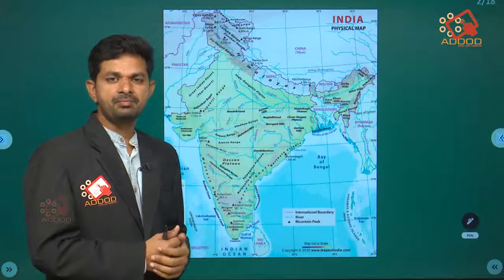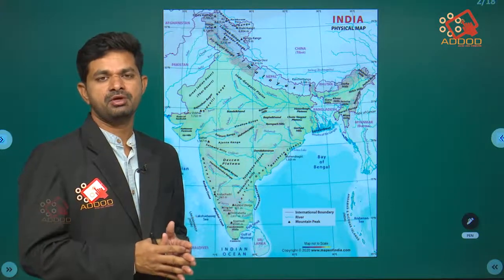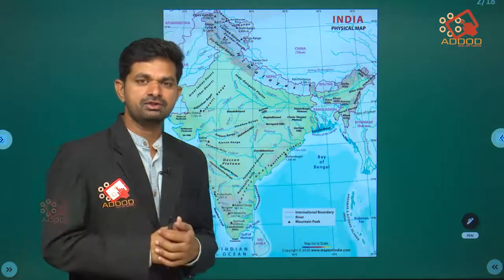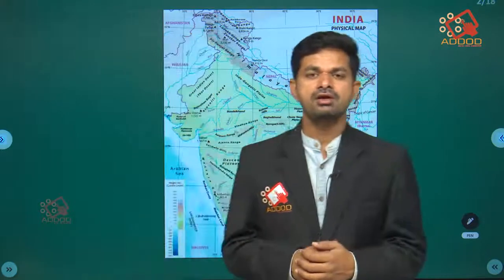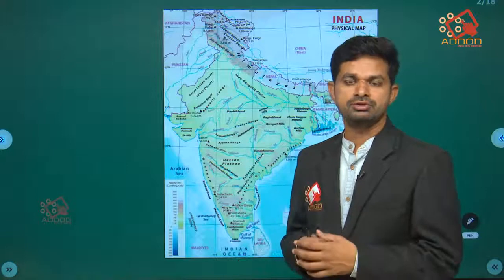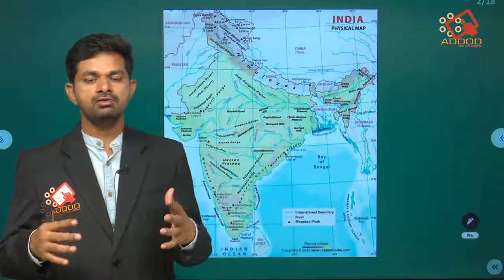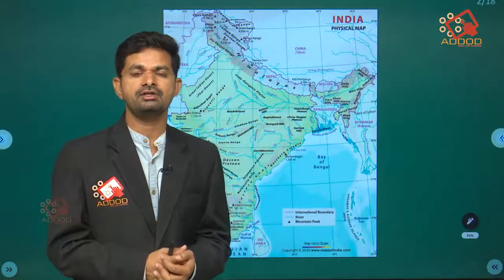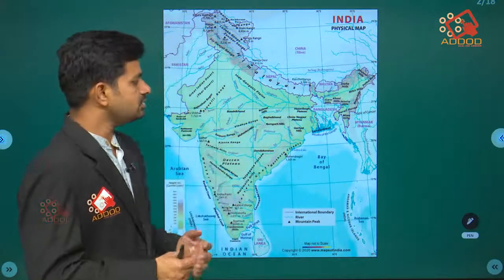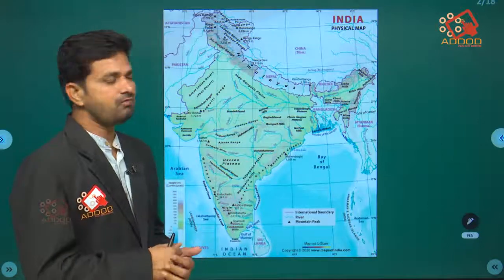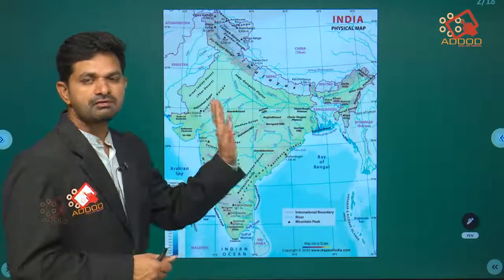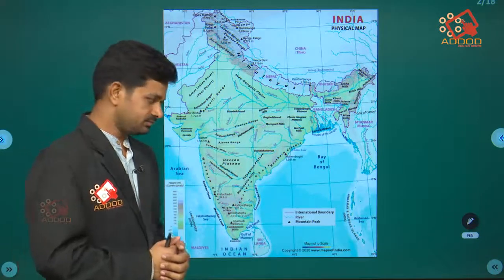And a thematic map means any particular theme, that may be the amount of rainfall that you receive in that particular area, or the amount of insolation you receive, the different types of crops you produce, the number of population, or the density of population living in the country. All these things will be given in the thematic map. Now we are going to discuss more about the physical features of the country.